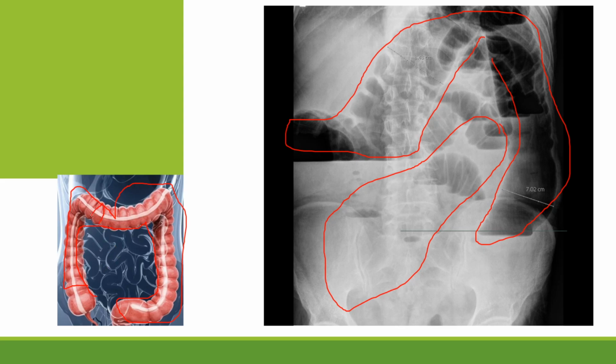Now you can look there. What is it? It is haustra. If you look there, it is haustra, and it is a large bowel. And you look that there are no haustra here, and there we see haustra.